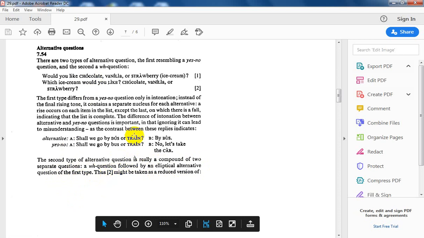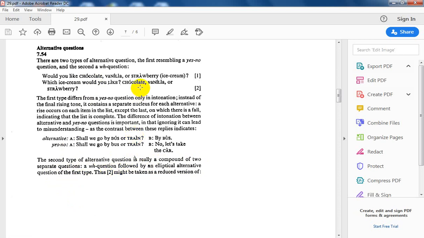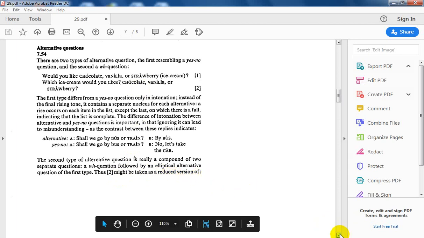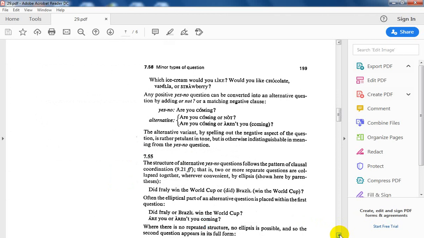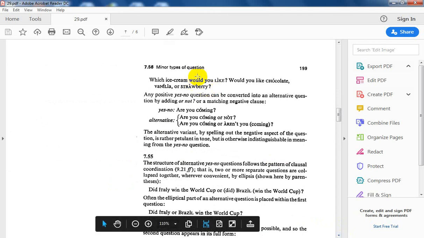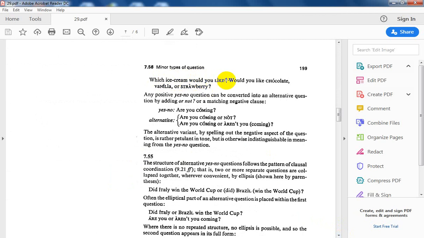Thus, example number 2 might be taken as a reduced version of this. Which ice cream would you like? Alone, this question would be a normal WH question. Okay, but would you like chocolate, vanilla, or strawberry?